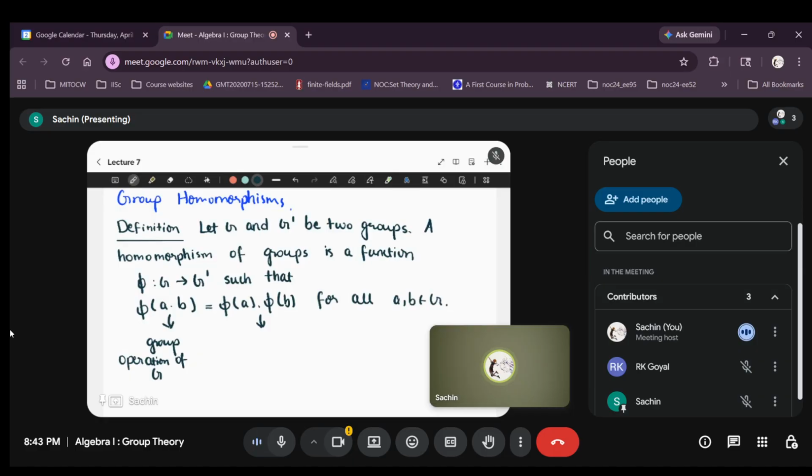They are the image of A and the image of B that are being multiplied. Both belong to G prime. So here it is the group operation of G, here it is the group operation of G prime.